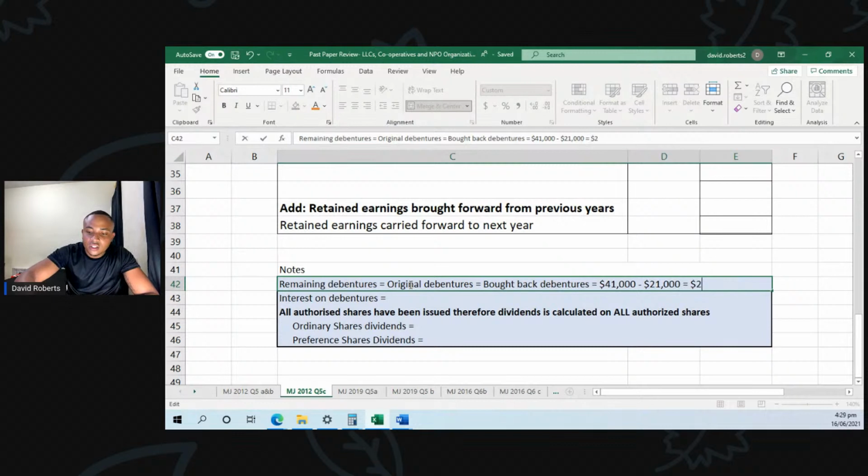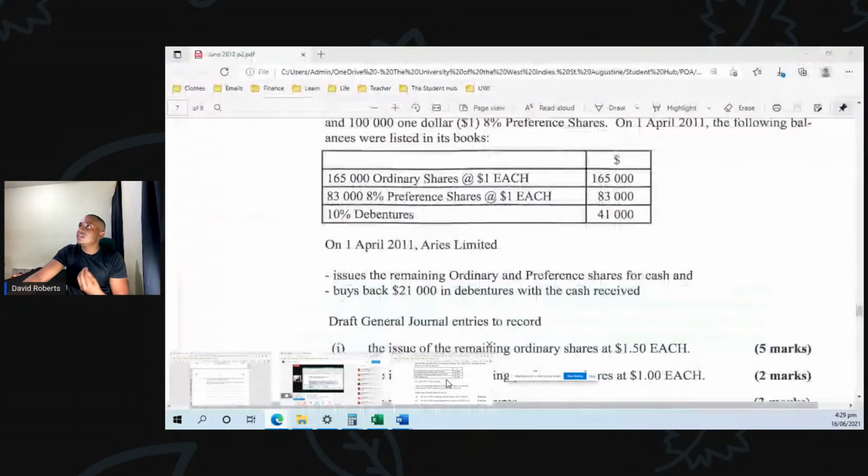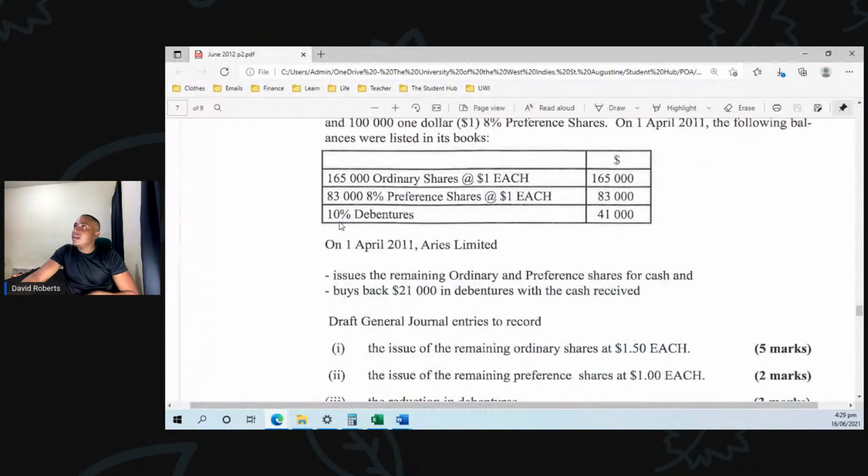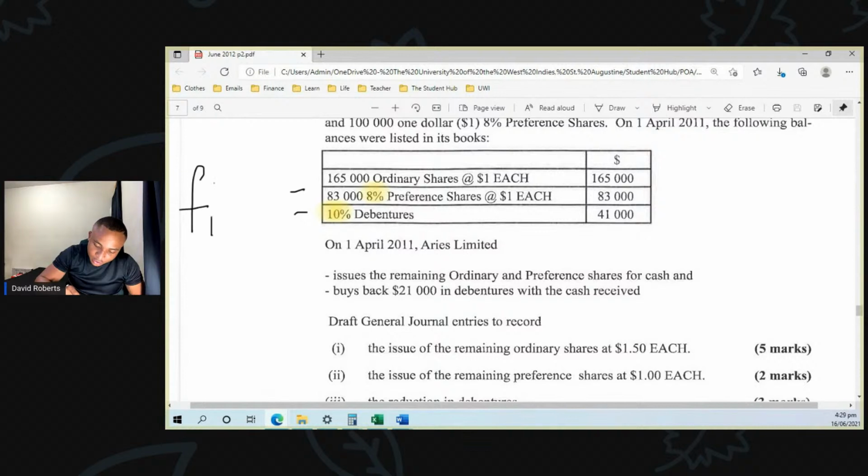So we have 20,000 debentures remaining. Debentures and preference shares always have the percentage for the loans because it's fixed. The interest for the debentures and the dividends for the preference shares are fixed.